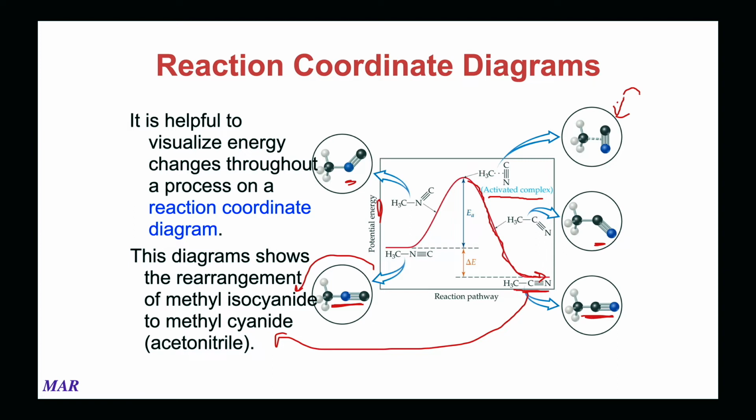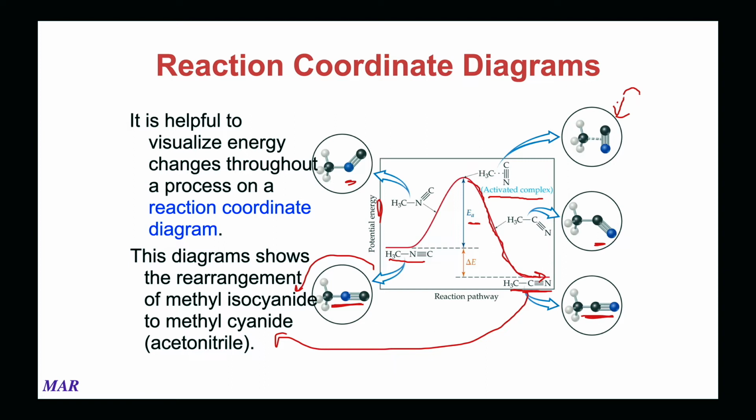E sub A is going to be important for us. That's the energy of activation, and that's the energy to get up to that activated complex, to get to that super wild part. And finally, the difference between where you start and where you end up, i.e. reactants and products, is going to be a delta E.